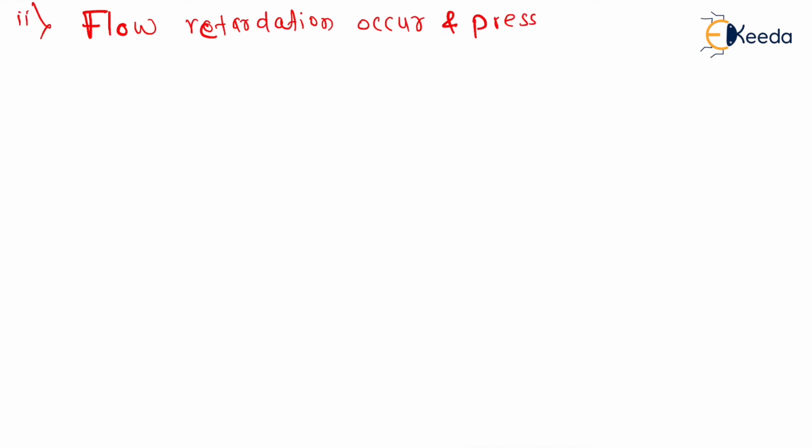Second case is flow retardation occurs and pressure is increased from section 2, from point 2.